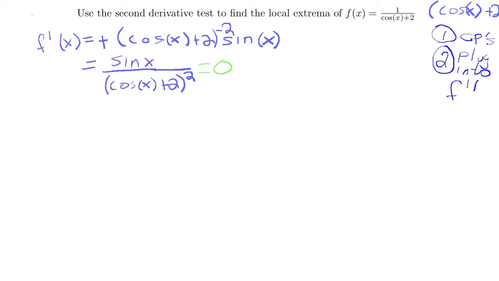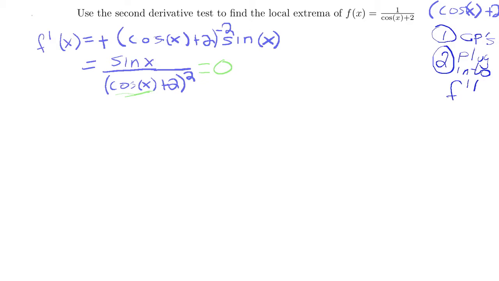Okay, so first notice that cosine x plus 2 could never equal 0. If you try to solve it, you'll realize that it doesn't work, because remember, cosine is always between negative 1 and 1. So we don't have to worry about the bottom.